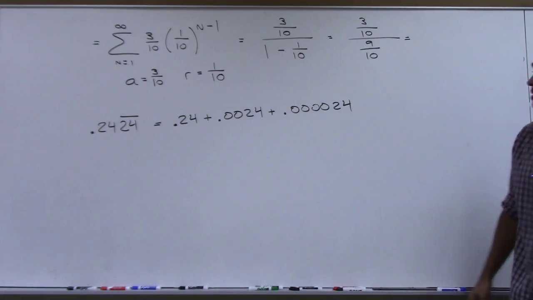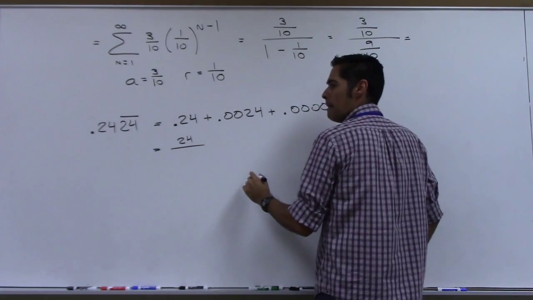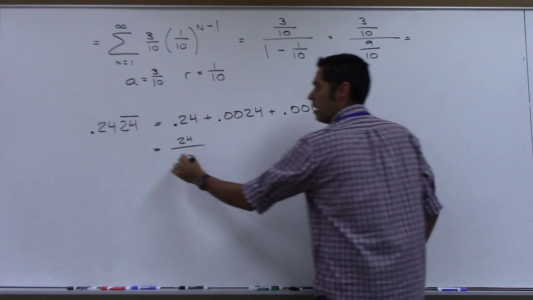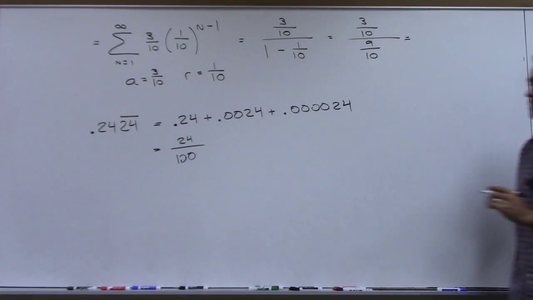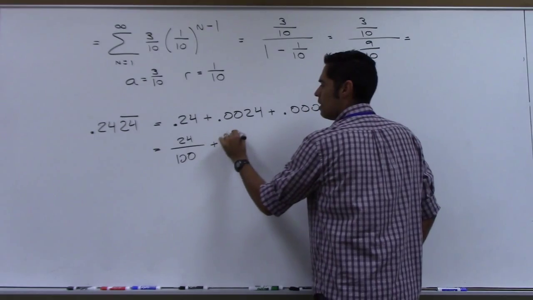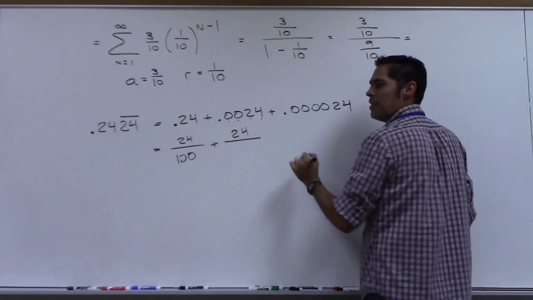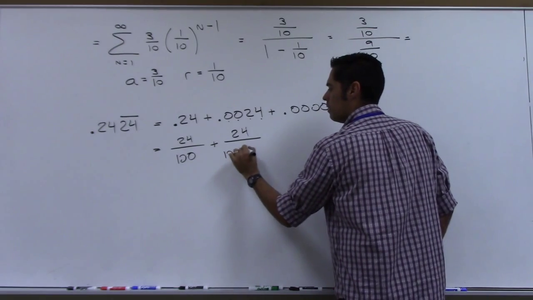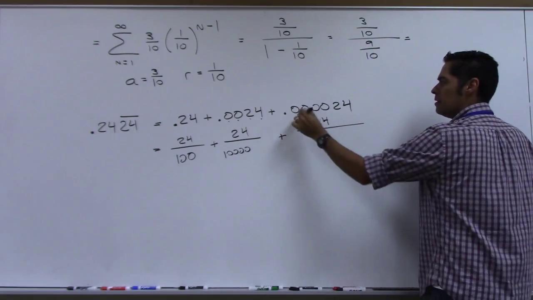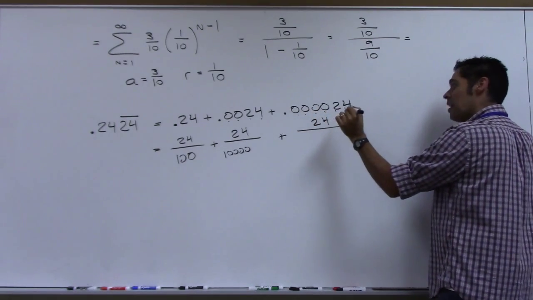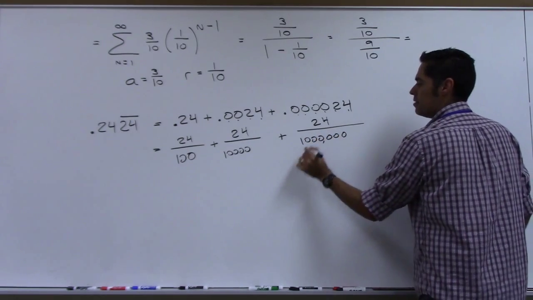Okay? This is really 24 over 100. Y'all pay attention, this problem gets really tricky, all right? 24 over tenths, hundredths, thousandths, 10 thousandths, plus 24 over tenths, hundredths, thousandths, 10 thousandths, 100 thousandths, millionths. 6 zeros.